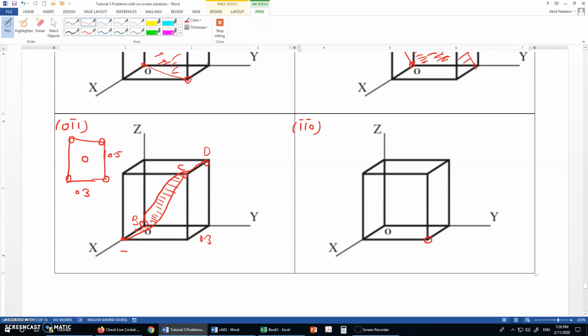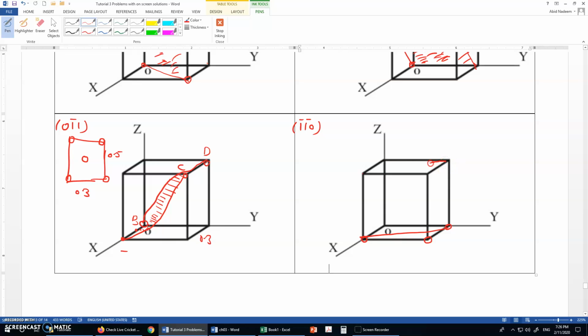So go from this origin in the negative x direction over here, and negative y direction. Sorry, this is the negative y direction, and this is the negative x direction. Now we can join these 2 points, and since this plane is parallel to the z-axis, the opposite points will be here.